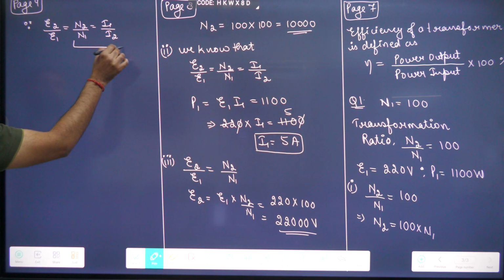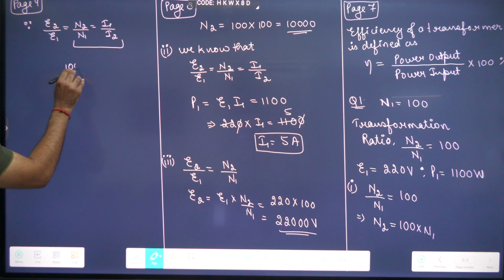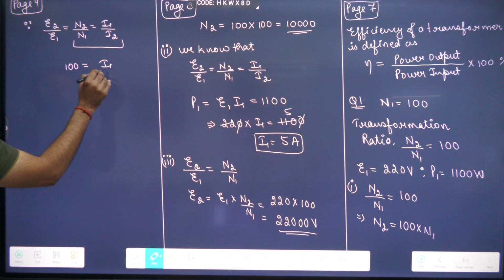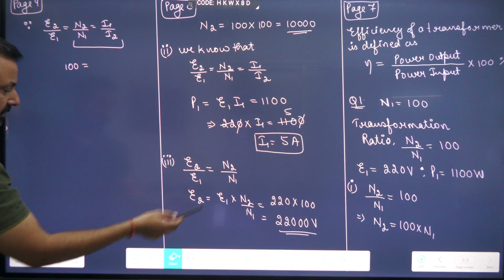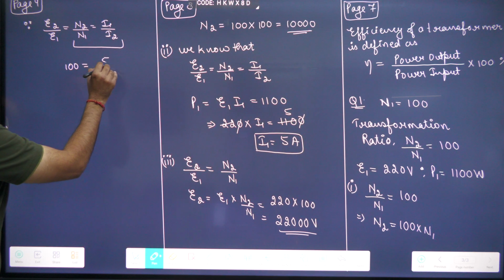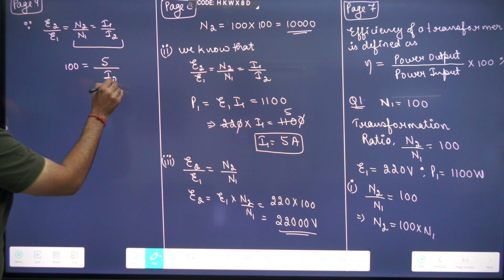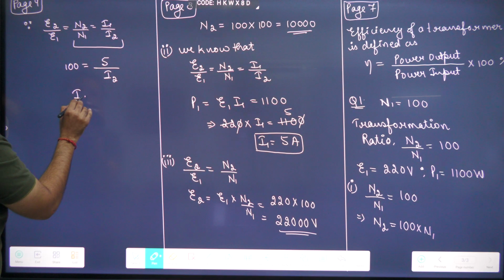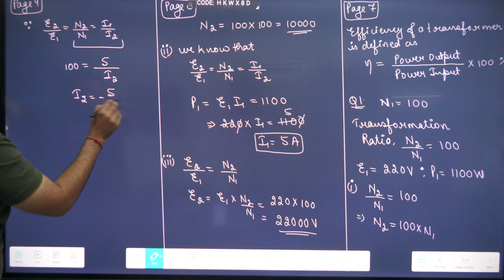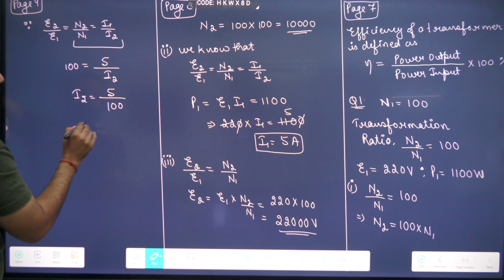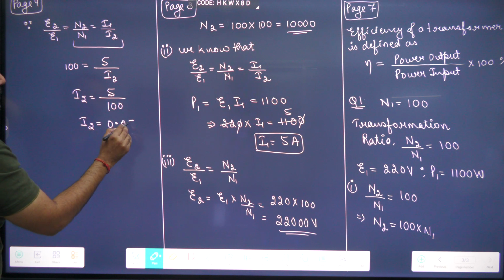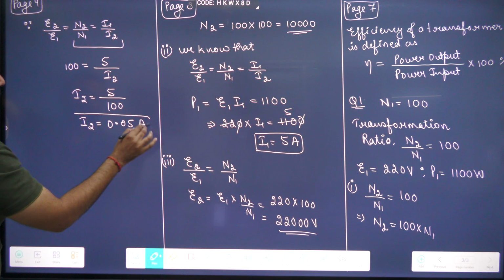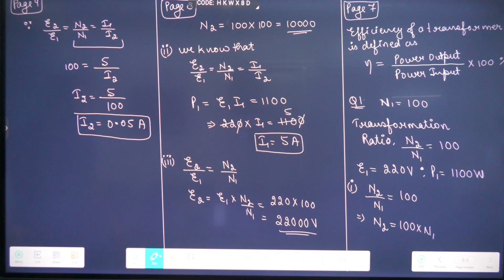So N2 upon N1 is 100. I1, what is this I1? 5 ampere. And upon I2, let us bring I2 here and 100 here. 0.05 ampere. Current in the secondary is 0.05 ampere.